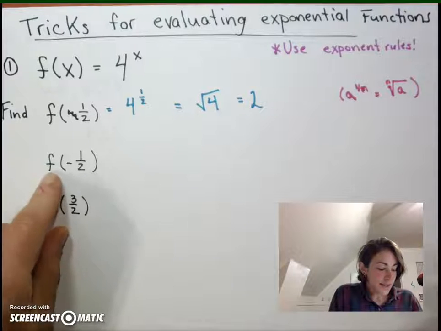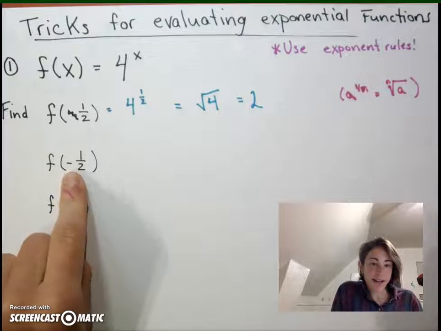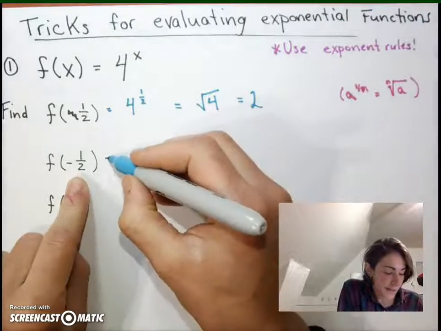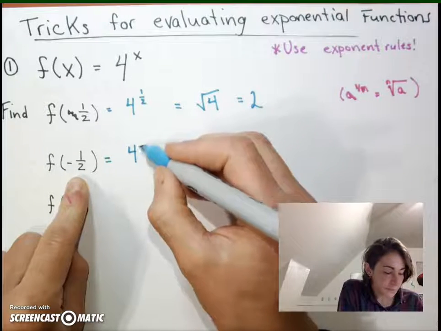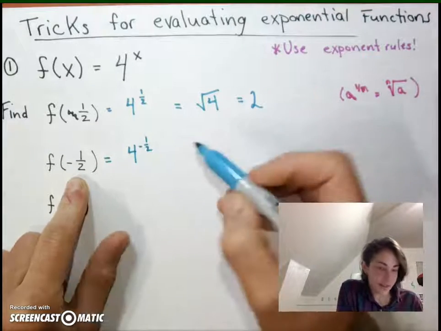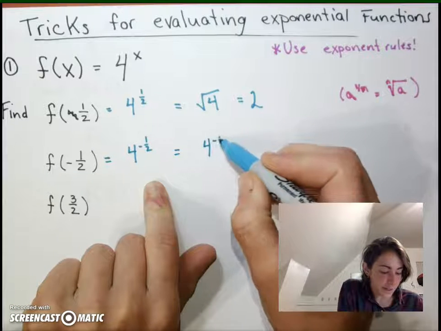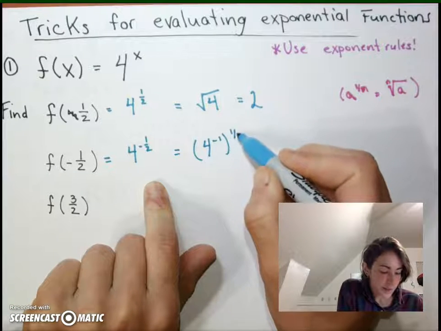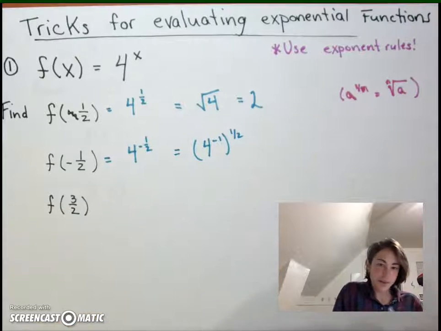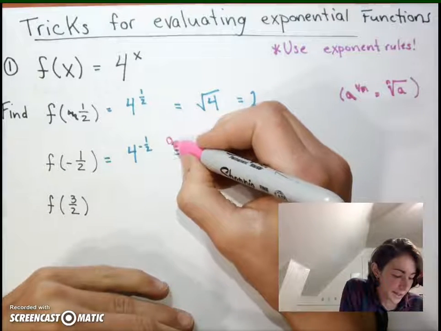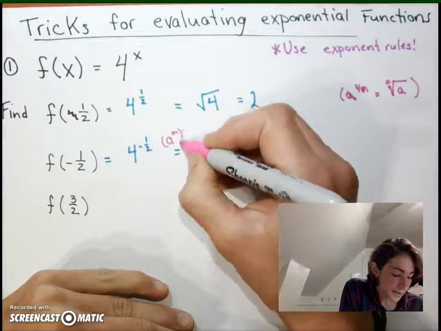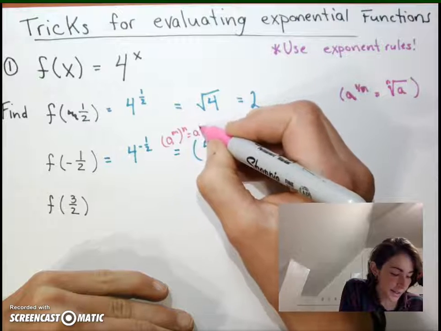So now let's say that I'm evaluating at -1/2. So x is -1/2 now. So I have to do 4 to the -1/2. I could write this as 4 to the -1 to the 1/2. The rule that I'm using there is that a to the m raised to the n is just a to the m times n.